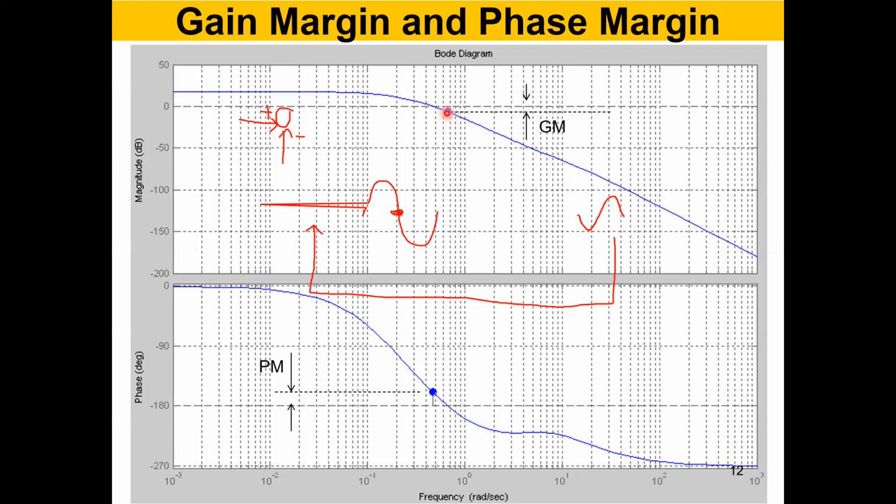We call it gain margin. Okay, now you can figure out the definition for gain margin. You know the meaning, right? Gain margin is the additional gain in the system, for a frequency which shows 180 degrees out of phase in the Bode plot.